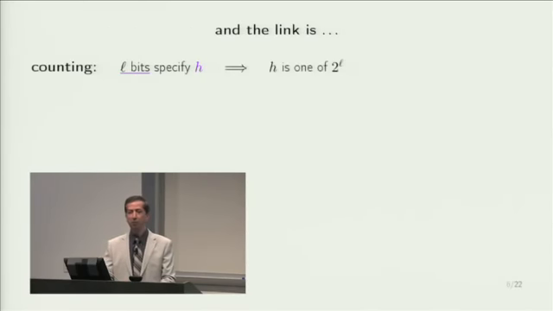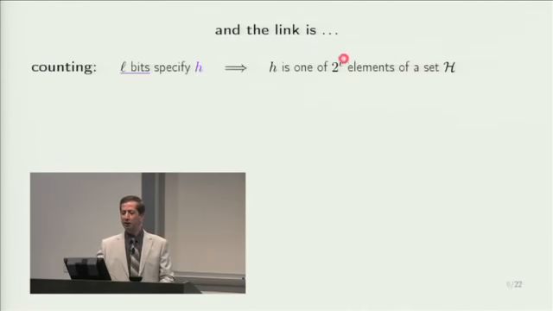Now, this implies something. This implies that if I look at all the guys that are similar to this object in terms of complexity, they also happen to have l bits worth of minimum description. How many of them are there? Well, 2 to the l, right? And now you can look at the set of all similar objects, and you call it capital H. And you have 1 of 2 to the l as the description of an object here.